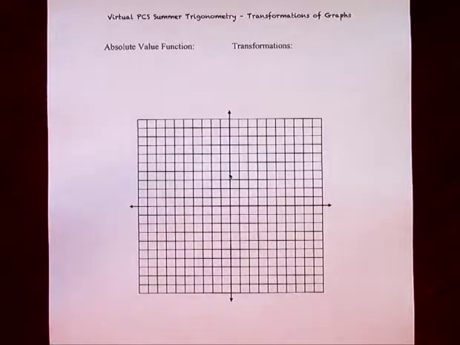Some teachers begin instructions in transformations with absolute value functions. I know I used to when I was teaching Algebra 2 because it's a really, really simple parent function, and you don't have to worry about the confusion of the absolute value function being coupled with the confusion of transformations. The absolute value function is really easy, and so you can just focus on the transformations.